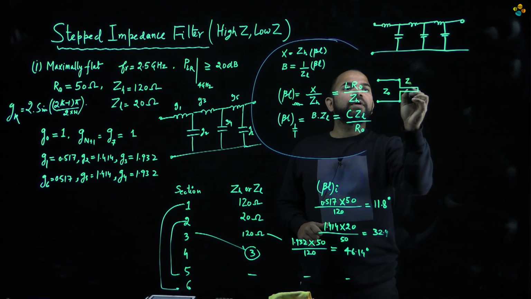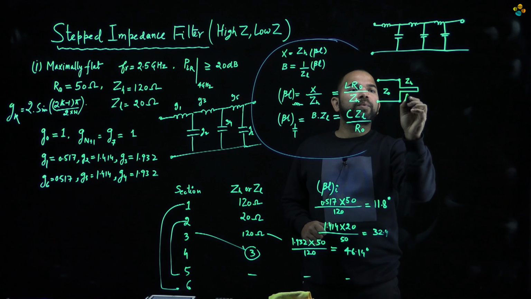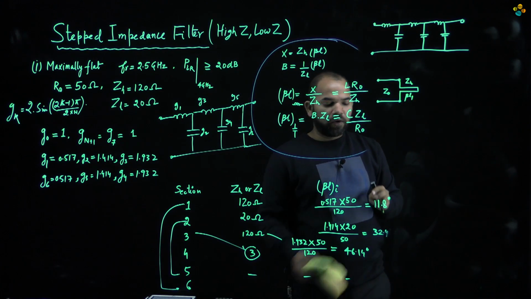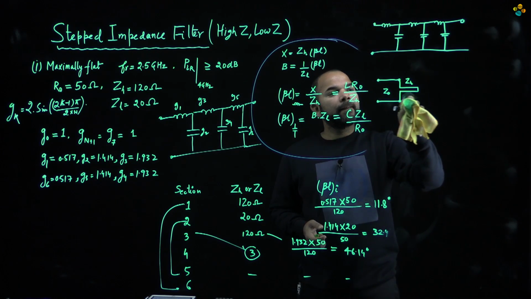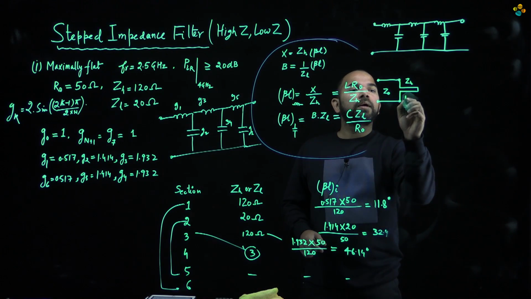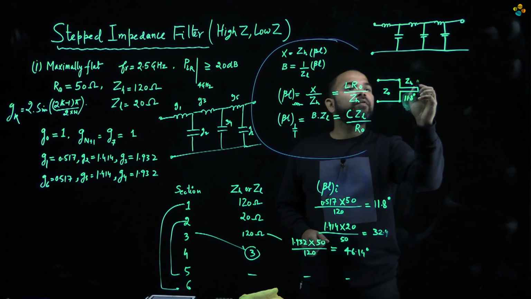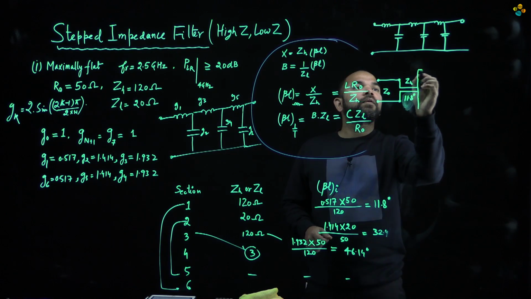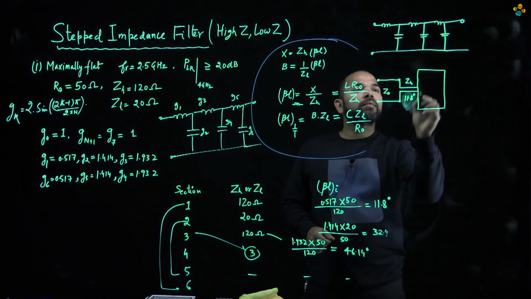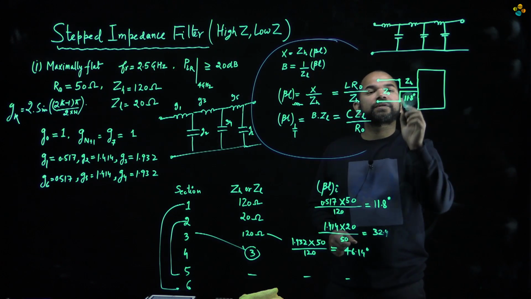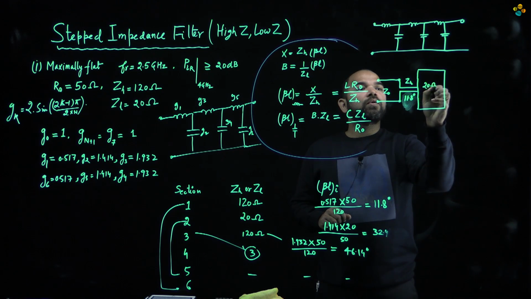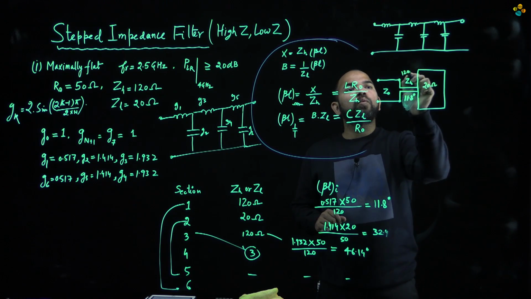So this is Z high and this is beta into L1, the electrical length, beta L1, and now we can put this as 11.8 degrees. Okay. Then we have a capacitive line, which is a low impedance line. Okay, so this is Z0. This is representing a capacitor. So this is 20 ohm and this high impedance line was 120 ohm.